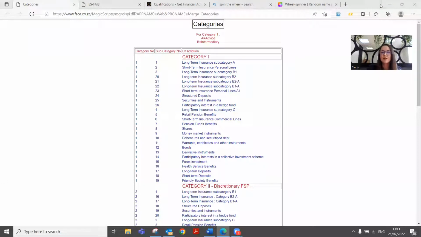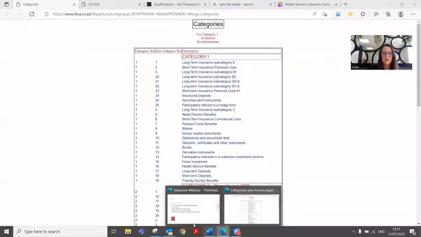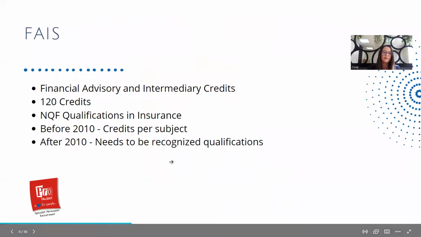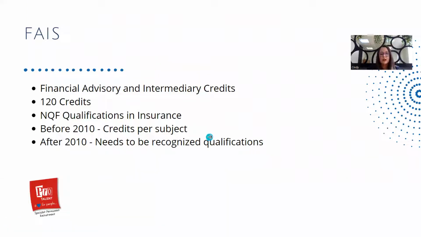But anyway, those are the different qualifications that you can do. There are a lot of different ways that you can get your FAIS credits. Just make sure that it is a recognized qualification, registered with SAQA, with an NQF level. What you don't want to do is a qualification that's not recognized by any of the institutions.